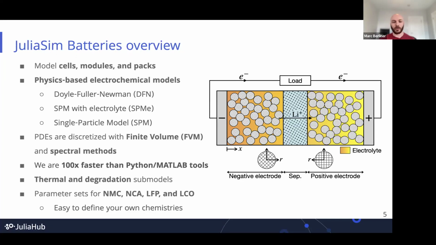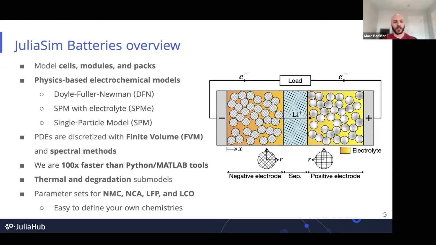The single particle model, which is a reduced order model for this system. And this SPM with electrolyte strikes a balance between these two extremes.